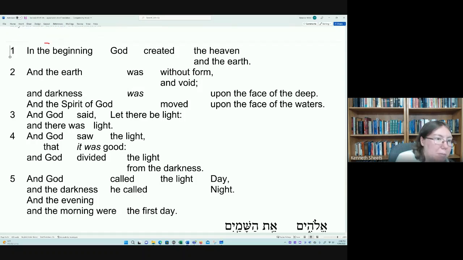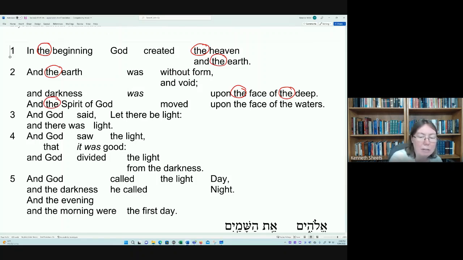Actually, when we get to the Hebrew text, we'll see that the article is not there. Is it significant? Yes. And then we have the heaven and the earth. And the earth was without form and void, and darkness was upon the face of the deep. What's interesting is that gets a little bit interesting, but we'll take a look at that.